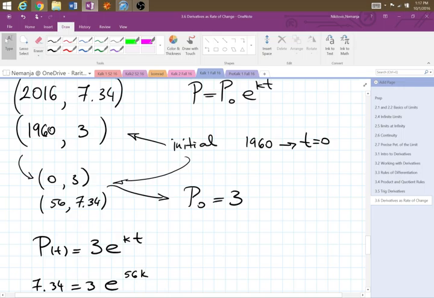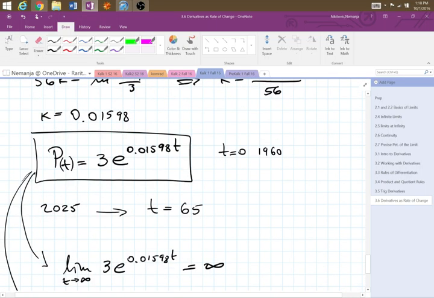What do you mean 4.34? Because at time T0, there was already a population of 3 billion. But after 56 years, there is a population of 7.34 billion. So the difference would be 4.34 billion. Yes. No, that is the current population. It's all the people. But we have to find the rate of the growth, right? No, we're not finding that. That was just to find the model. Now we're looking for the rate of growth with the derivative.